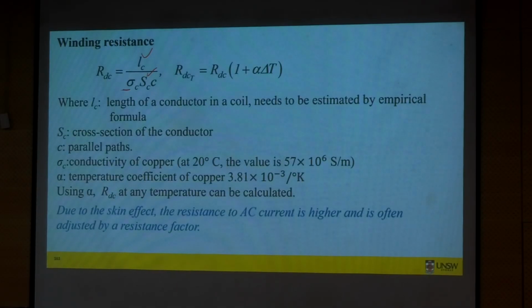and conductivity of copper. Here is the cross-sectional area of your conductor, and these conductors are not all in series. There are parallel paths, so the resistance will become higher if you have more parallel paths.